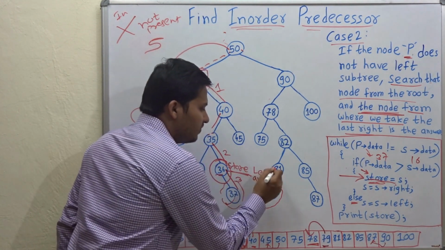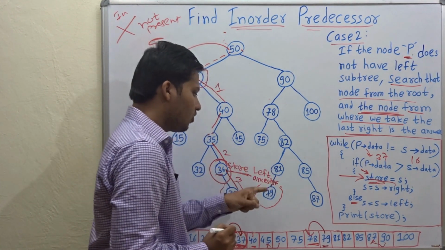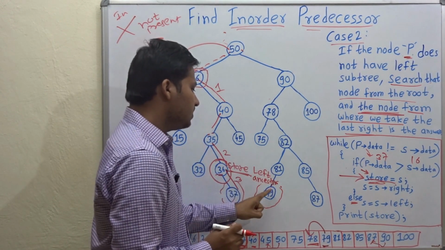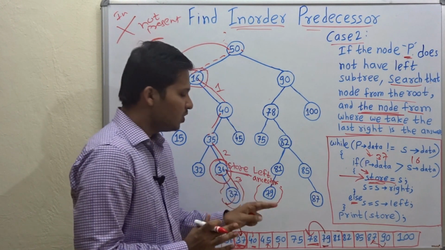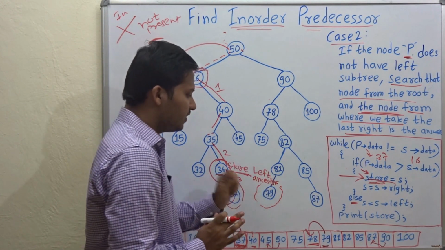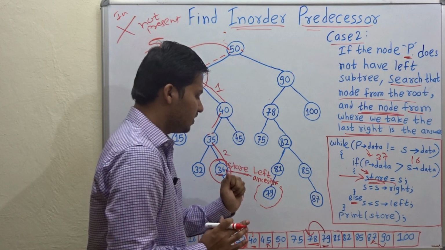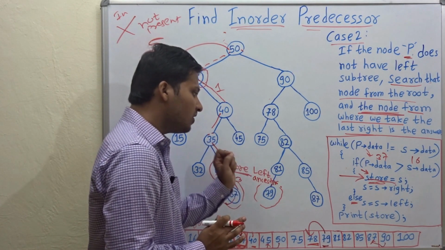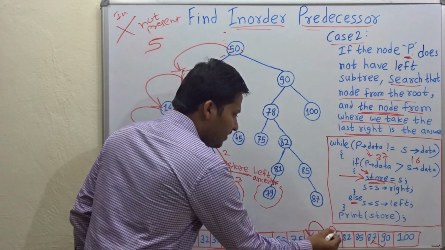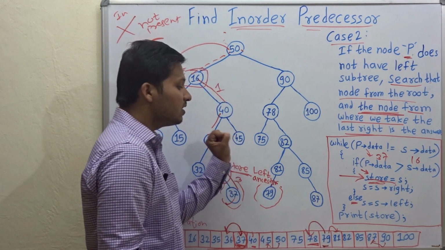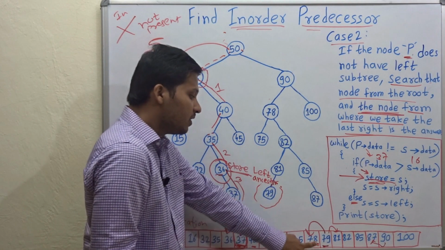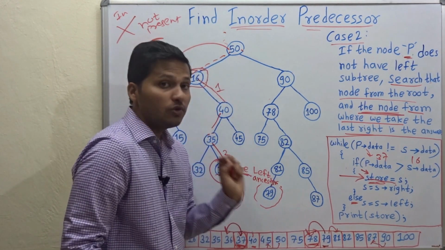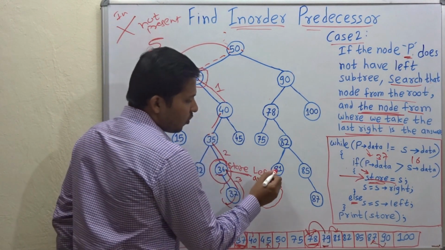So 81 is greater than 79, because 79 is the left child of 81. Because 81 is greater than 79, it cannot be the in-order predecessor, because the in-order predecessor is always less than that node.